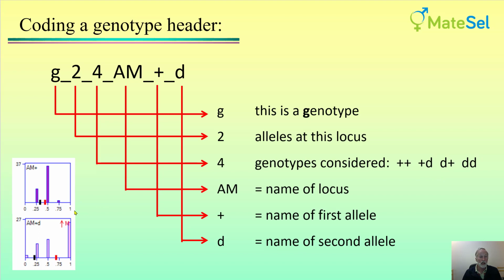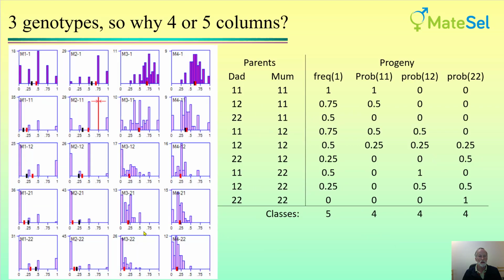So you'll notice that we can have more than just 3 or 4 columns. We can actually have 5 for the allele frequency in the top row, and in lower rows where we're looking at genotypes, we can have 4 different columns. That is because we have 3 genotypes in this case. When we mate a 1-2 with a 1-1, then the progeny in that family can either be 1-2 or 1-1, and the average frequency in that family is therefore 75% 1.